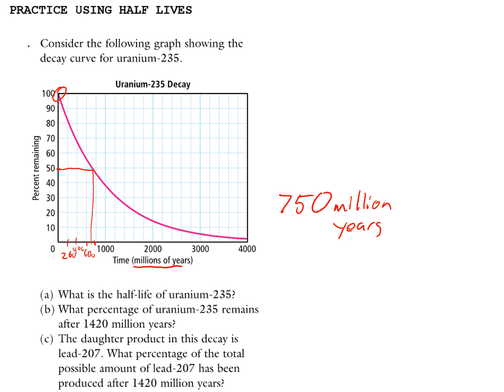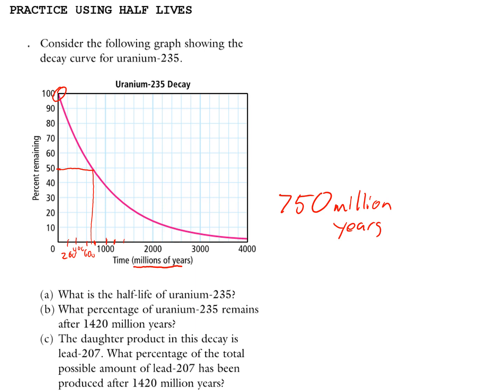Now, it says, what percentage of uranium-235 remains after 1420 million years? That's going to be roughly here, 1,000, 1,200, 1,400, right about there-ish. But I can see that this is roughly double the number that we thought right here.